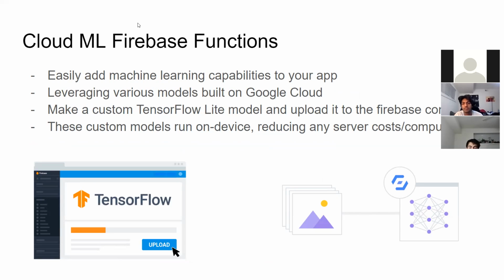All right. So lastly, one real neat feature that Firebase has is what they call Cloud ML functions, or Cloud ML Firebase functions. If you were making a regular app and you wanted some sort of machine learning computation on whatever data the user sends in, often you would have to host this model or computation on a central server.